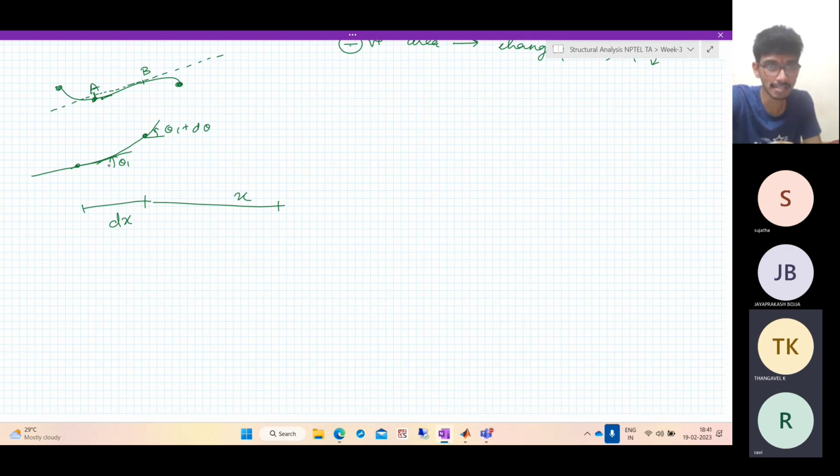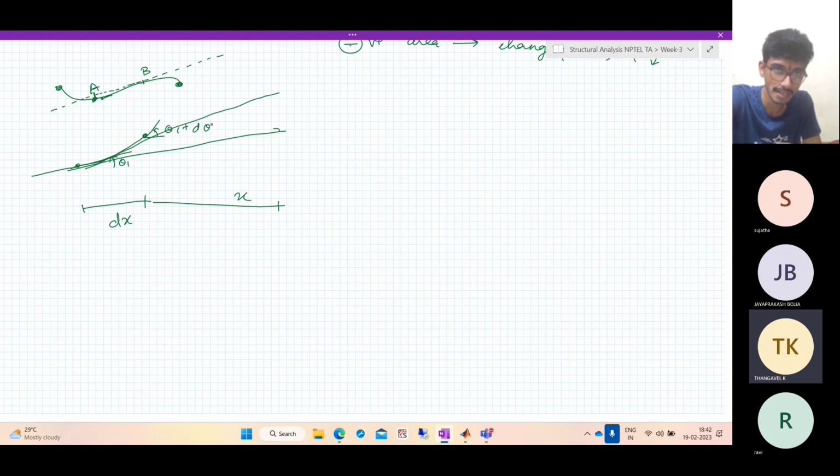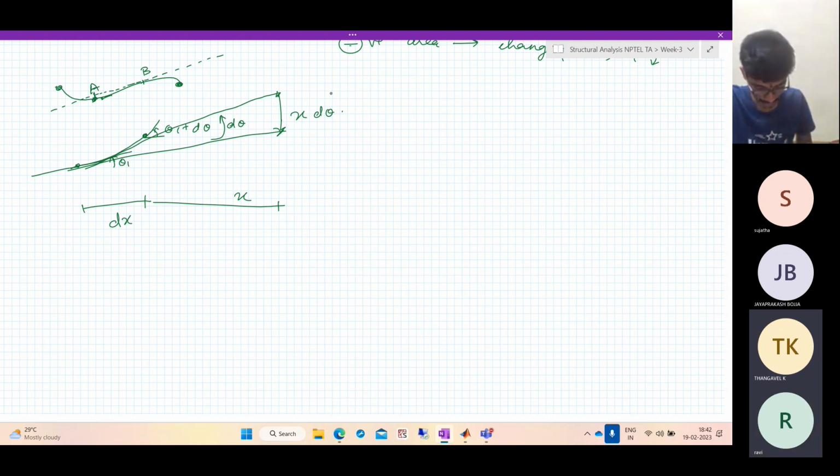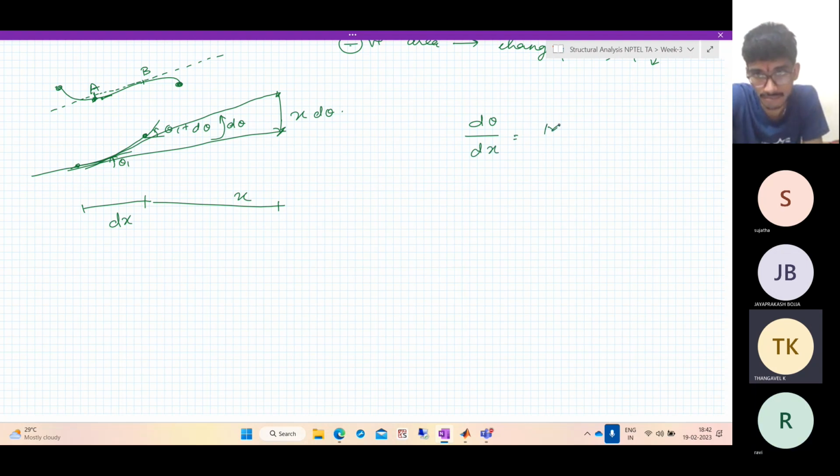As the tangent rotates, it will sweep about this point. Here x is of course much greater than dx. It will sweep an angle d theta, and corresponding to that, the deviation is x d theta. But what is d theta? We already saw that dθ/dx is M/EI.